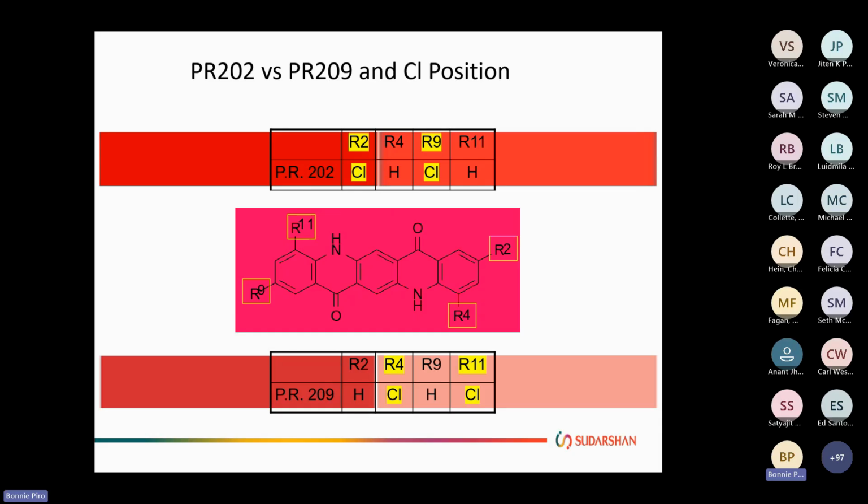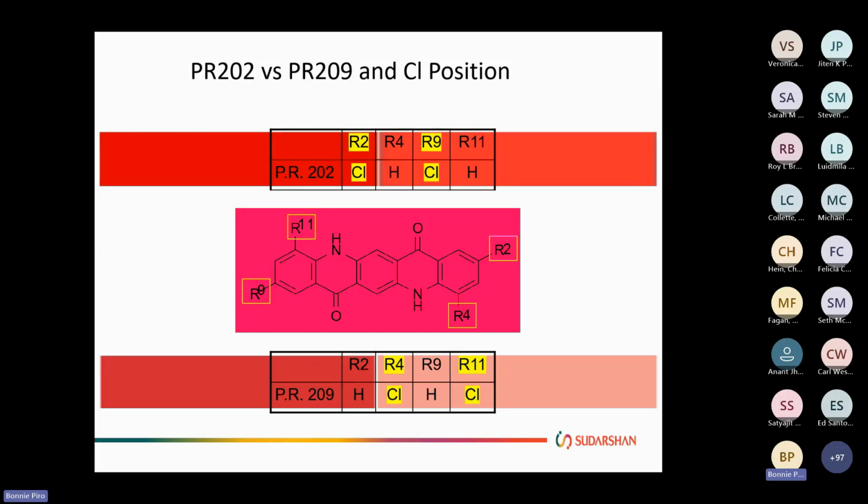If we just take a little bit of a comparison look, I know I had it on some other slides here, but it's always interesting to see that from a formulation perspective these are identical, but the positioning of that chlorine on that structure makes a big difference in terms of the end result color.